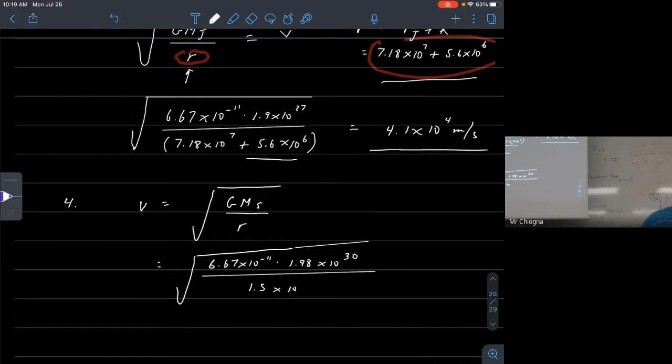These two values are given at the back of your formula sheet, both the mass of the sun and the orbital radius. This is called orbital radius. And that's about 30,000 meters per second.